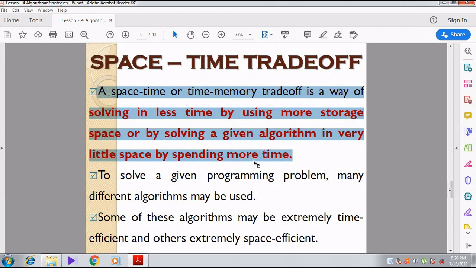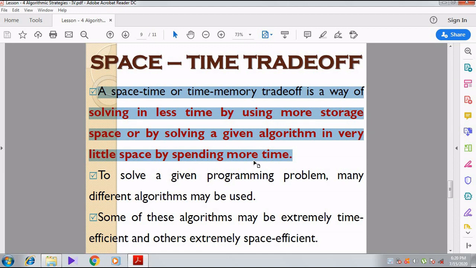So the only possibility is either the time will be less and the space occupied will be more, or the space occupied will be less and then we take much more time to execute. This technique is called space-time trade-off or time-memory trade-off. They call it by both names, right?